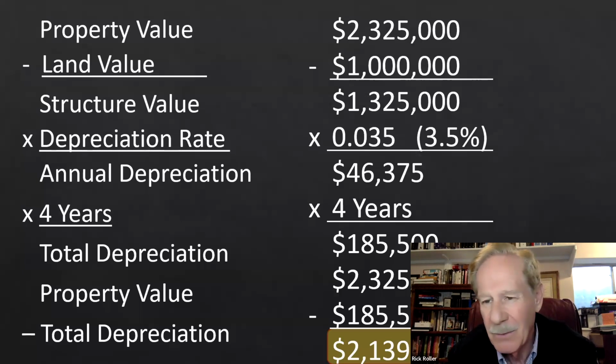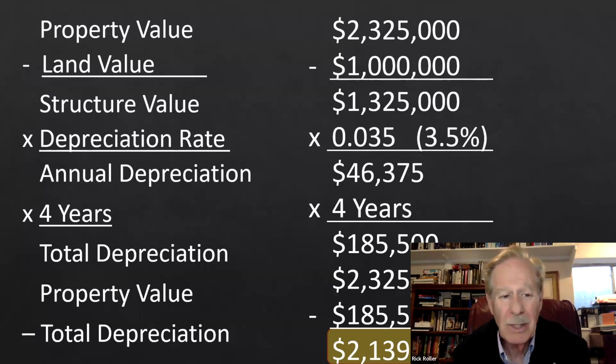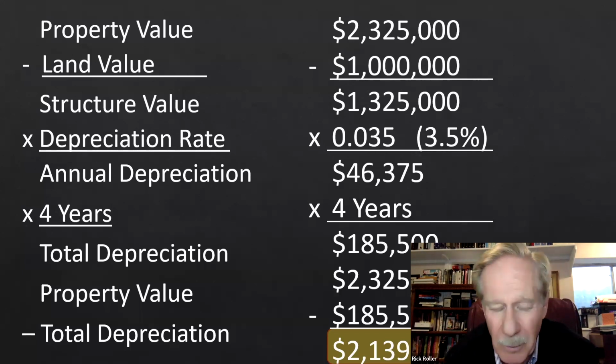But 3.5% is not a huge number, particularly if you're looking at income properties right now, because of vacancy rates and whatnot. So anyway, the property value over this 4-year period would be $2,139,500. Okay.